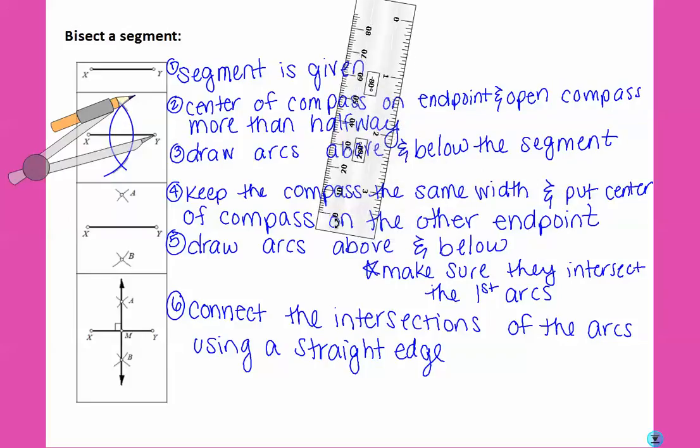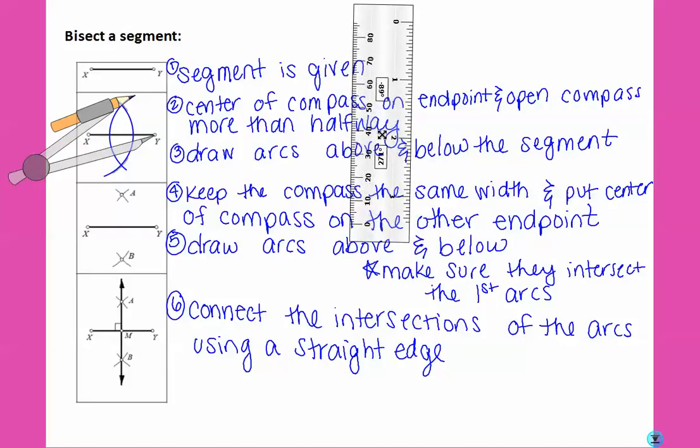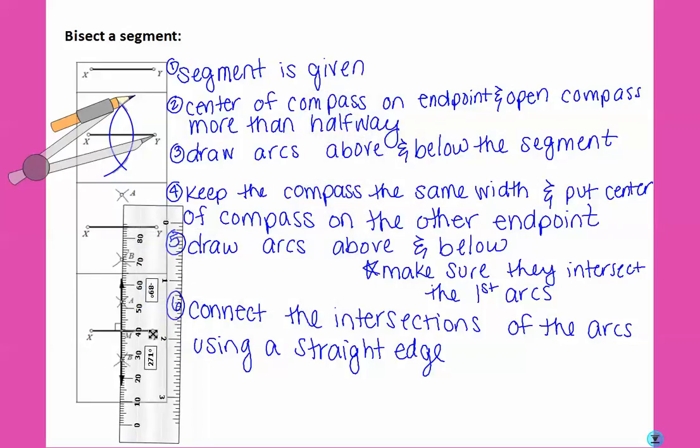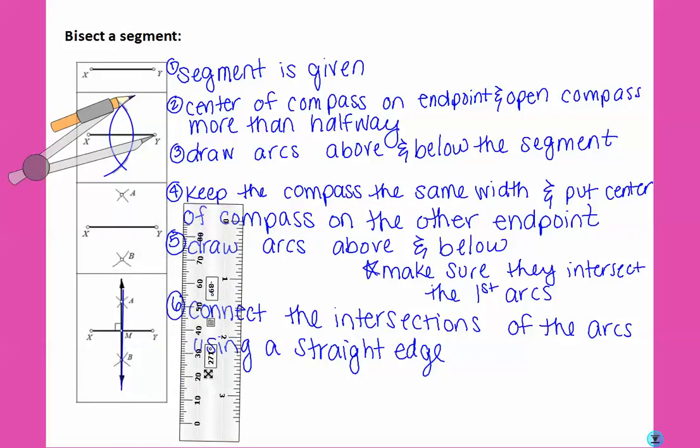So if I take my ruler and line it up with A and B and connect them, it'll go straight through the center of the line.